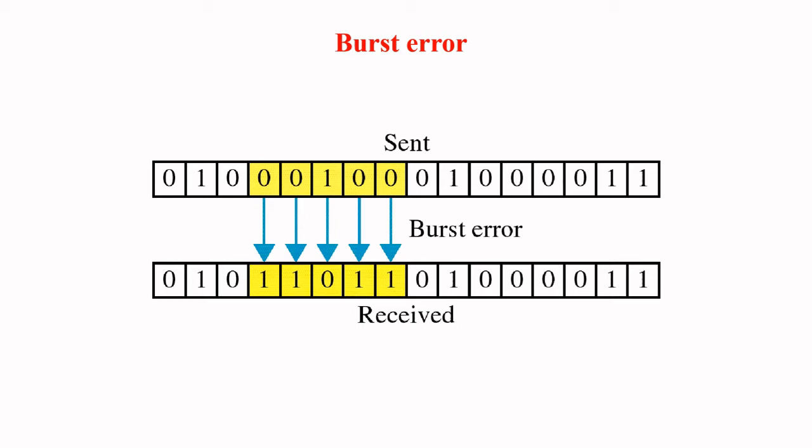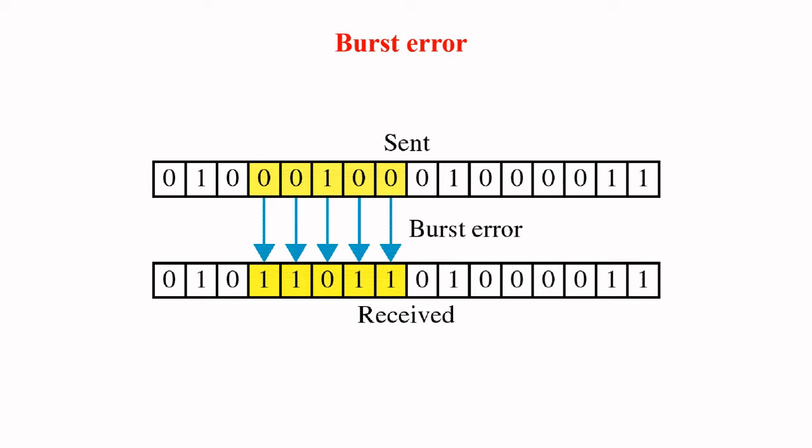Here we can see that starting from the 4th bit to the 8th bit, all the bits are changed at the receiver end. 0 is converted to 1, next 0 is also converted to 1, 1 to 0, 0 to 1, and 0 to 1. And these bits which are changed are in a continuous sequence. So this type of error is known as burst error.